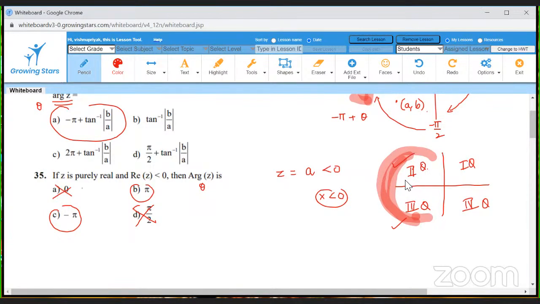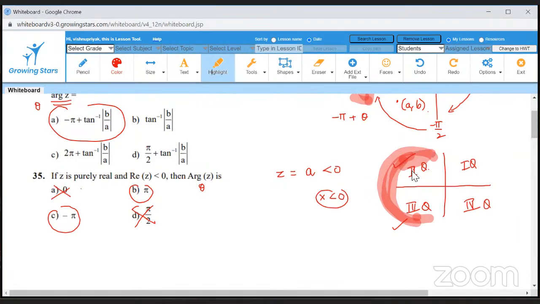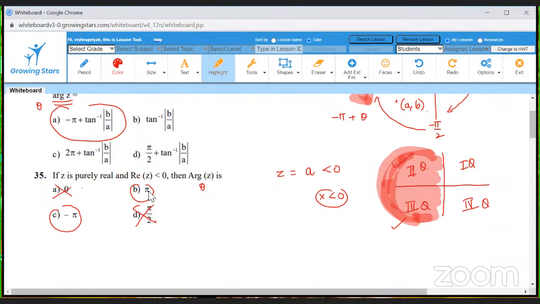So in this range, because x is less than 0, you have to take only this region. You have to take angles only in this region. You can't take pi by 2. So options are pi and minus pi. Because pi is too large an angle, we will see only small angles.